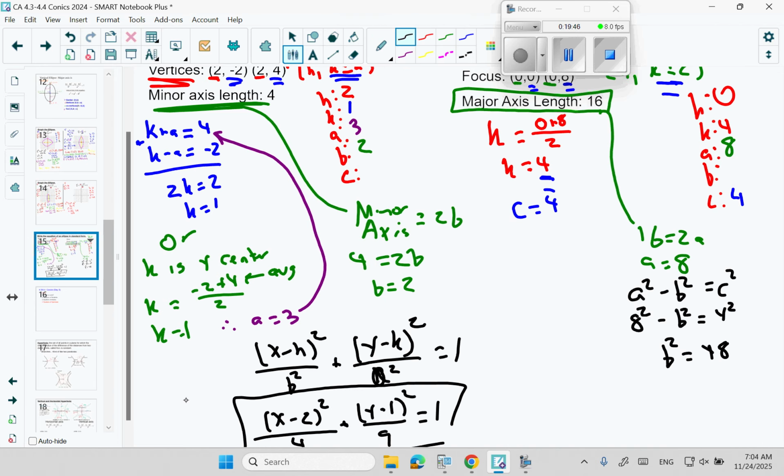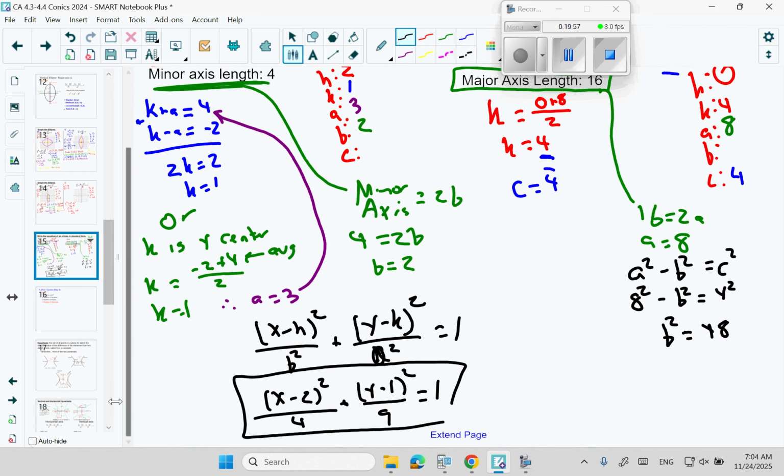Yeah, 48. So b equals the square root of 48, but I don't actually care about b because what I need for the equation is b squared. So we get x minus 0 squared, so just x squared, over b squared, so 48, plus y minus 4 squared over 64 equals 1.